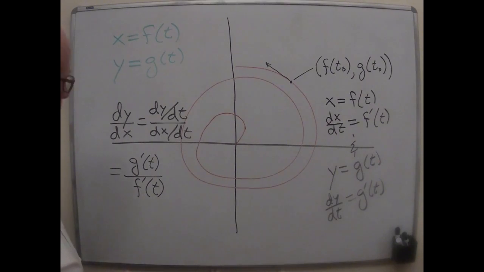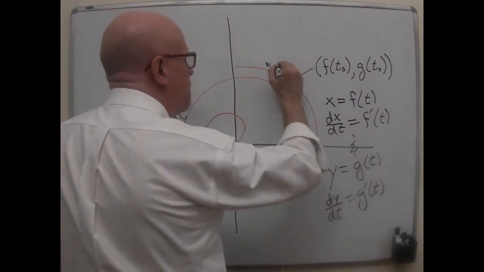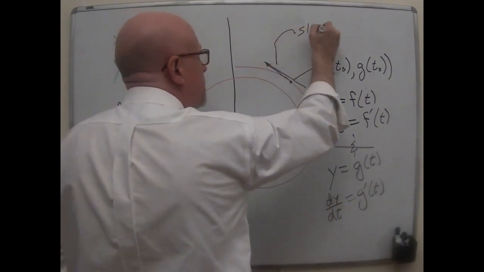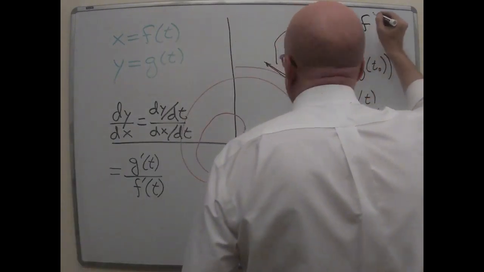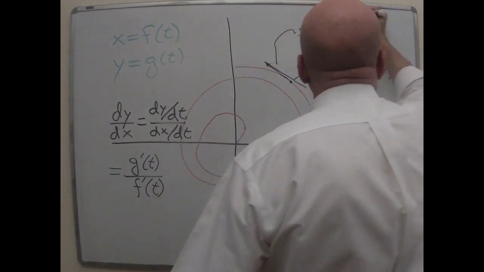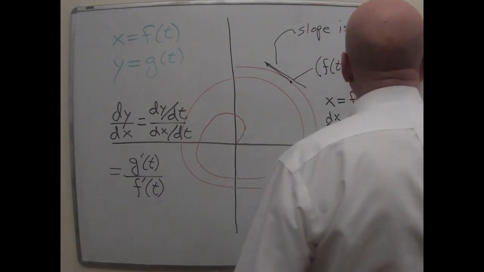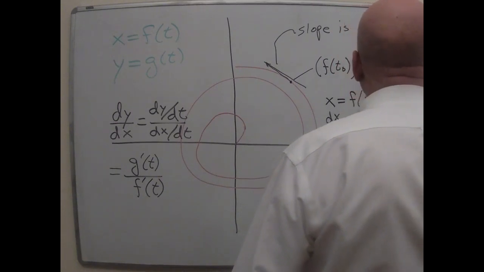Okay, so this slope here that I was indicating, the slope of this line is, wait, do it backwards. g is in the top, so g prime of t naught over f prime at t naught.